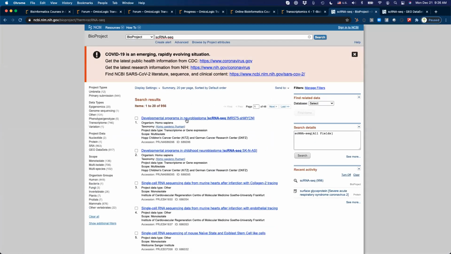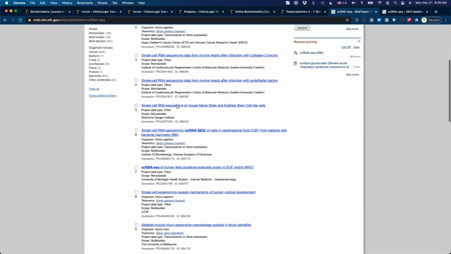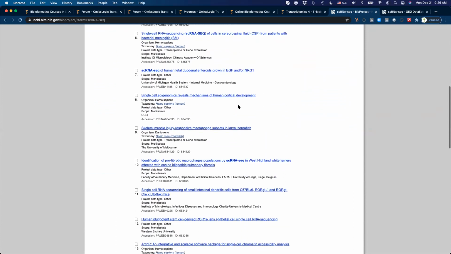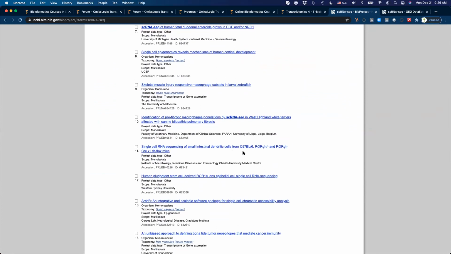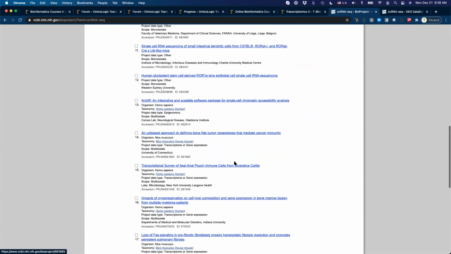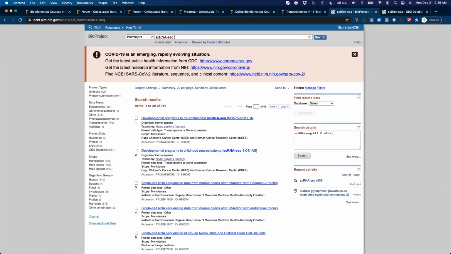Okay, so for example, you have here, we're just now looking at how the data was prepared, just to understand what types of techniques were done to prepare the data for analysis. Okay, so a lot of different data sets here. Actually, what I wanted to look at is something relevant.